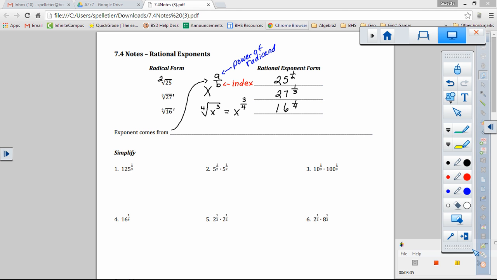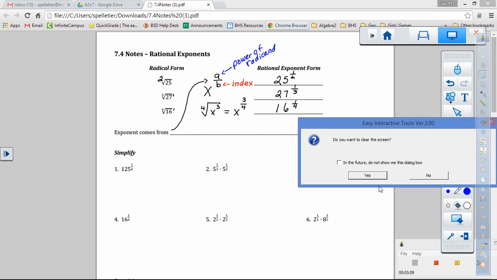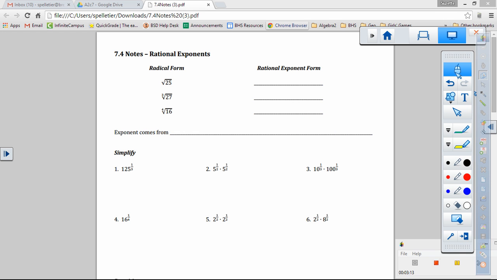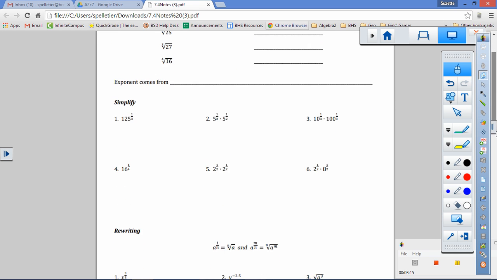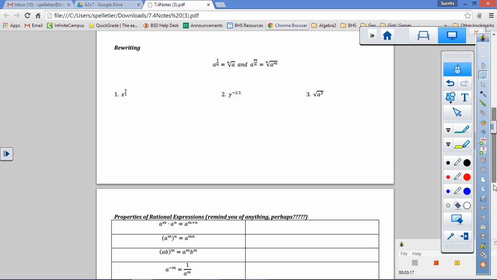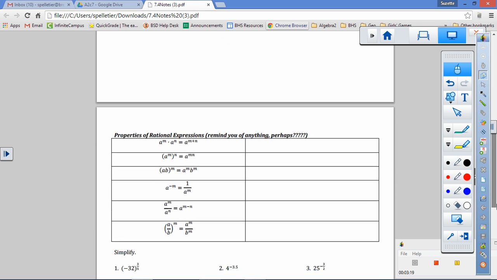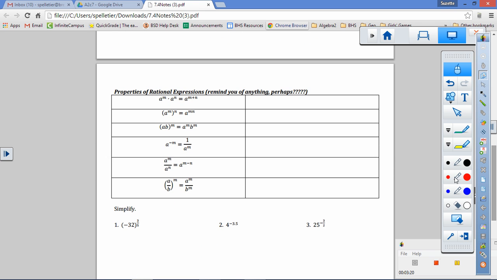So let's scroll to the next page and look at the chart with the properties. This is the part that I was hoping would make you think of something else, such as Algebra 1. This looks very much like what you learned in Algebra 1. So I just want to review this with you first.